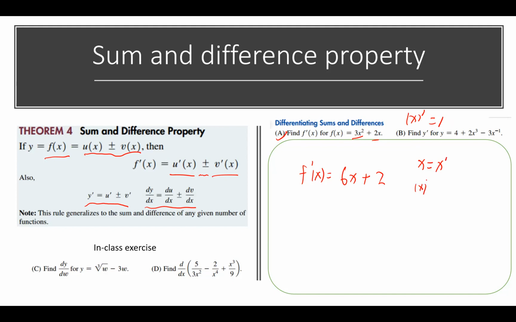Then we take the derivative, and this is still a power function. So we bring the 1 down, and x to the power of 1 minus 1 becomes 1 times x to the power of 0. Anything to the power of 0 becomes 1. So this becomes 1.